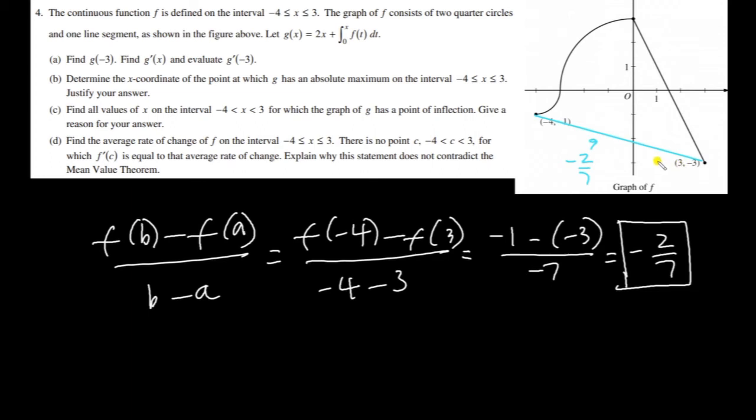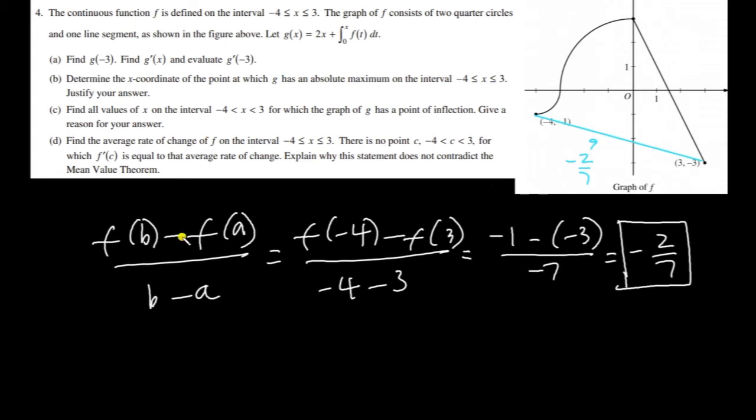But in this situation there is no such point, and we have to figure out why. This isn't contradicting the mean value theorem because this graph does not meet the conditions.